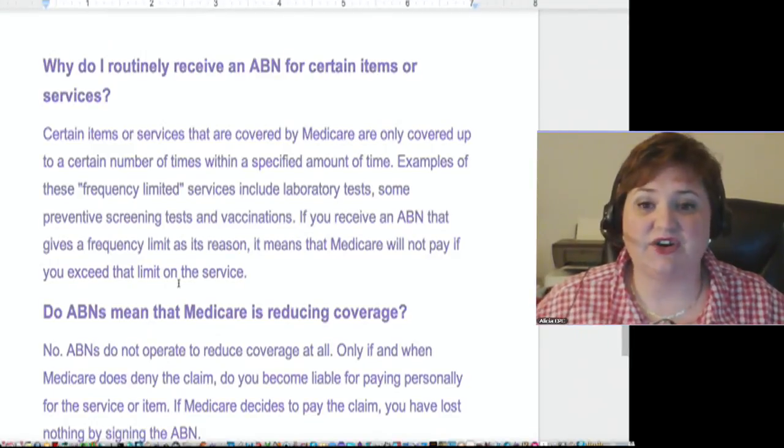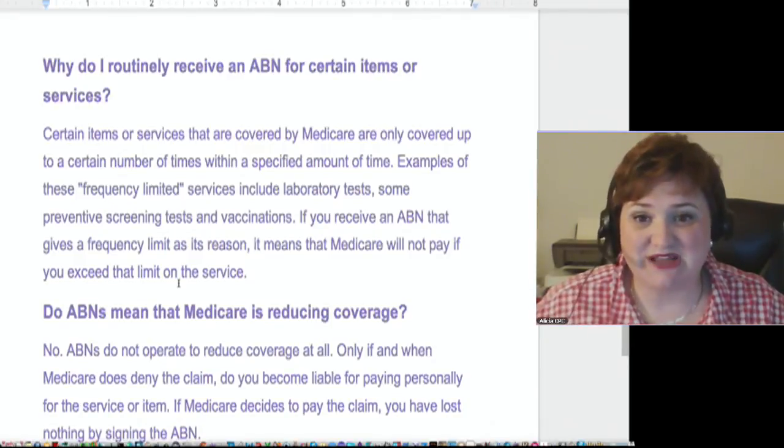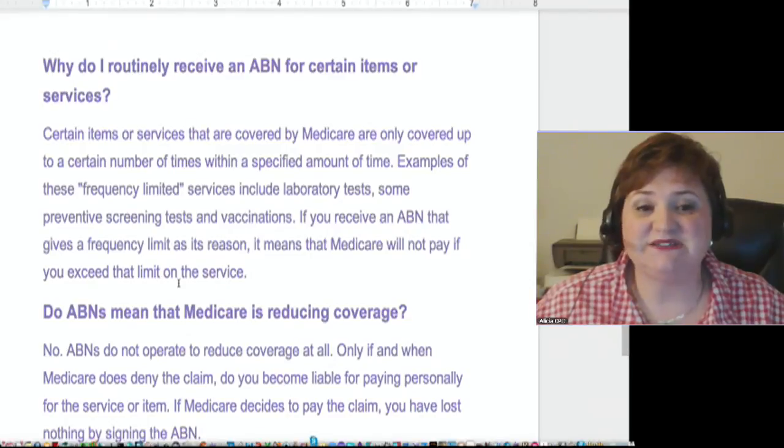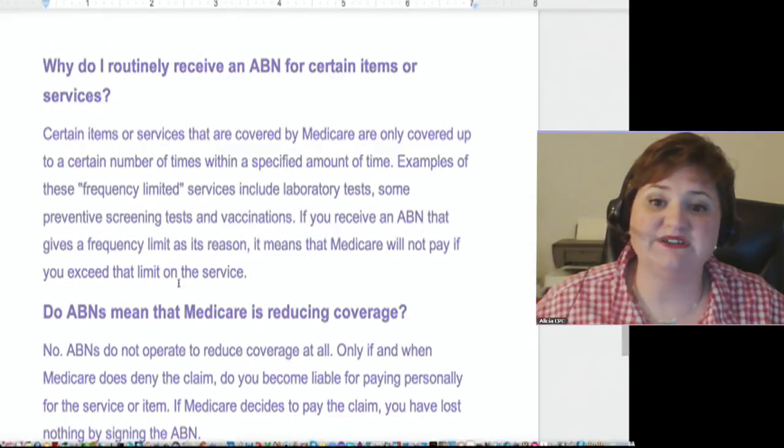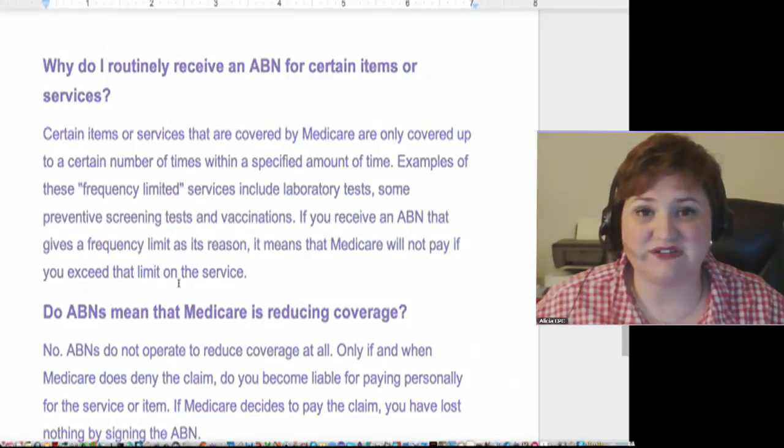Examples of these frequency limited services include laboratory tests, some preventative screening tests, and vaccinations. If you receive an ABN that gives a frequency limit as its reason, it means that Medicare will not pay if you exceed that limit on the service.